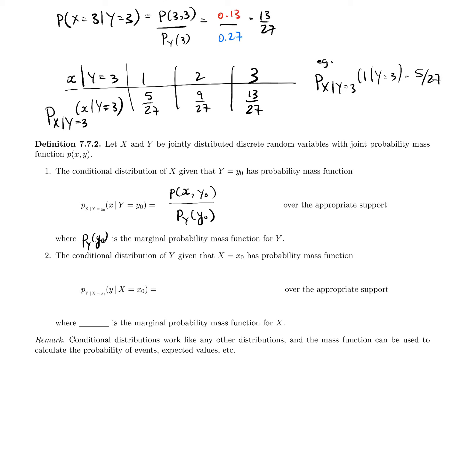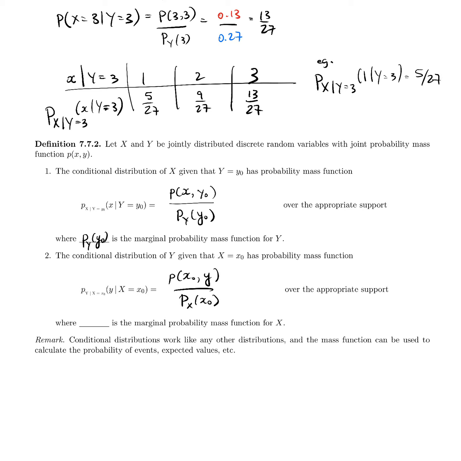And then we have the reverse definition, right? There's nothing special about x given y. The conditional distribution of y, given that x is a constant, x0, has mass function. And here's the analogous notation, p sub y given x equals x0 of y given x equals x0 is, and now we're plugging in a constant value for x, y is a variable, and now we have to use the marginal function for x.